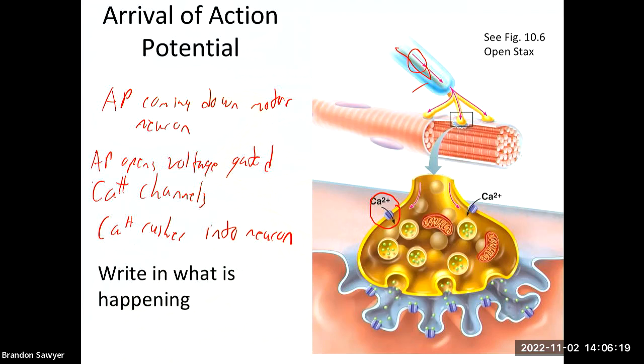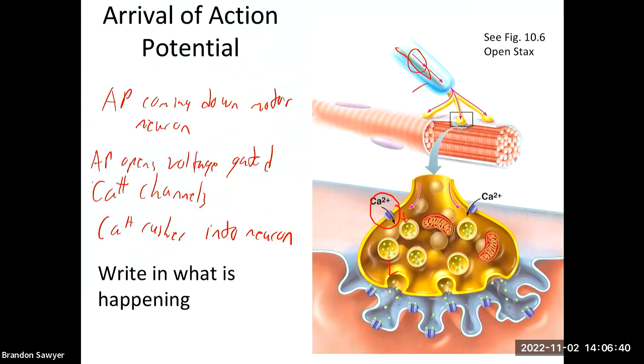The body actually utilizes calcium for many, many different cellular mechanisms like this. Calcium is the primary signaling ion that activates things happening inside the cell, so this is just one example of that. That calcium goes in, it binds a special protein that makes the vesicles move towards the end of the neuron.